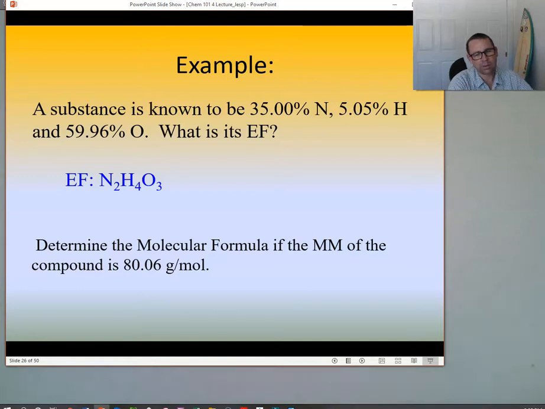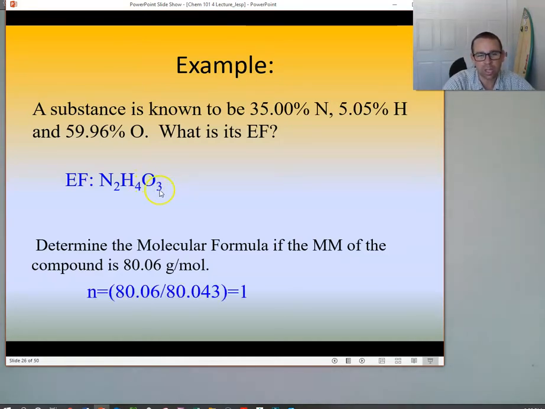So we found the empirical mass. Well, I guess we already got that down below. Well, no, that was the empirical formula. But you're right, down below they told us that the molar mass is also 80. So what does that mean? That means that the empirical formula is also the molecular formula.